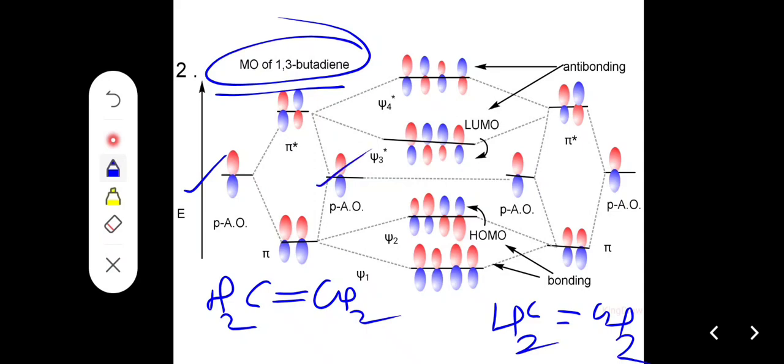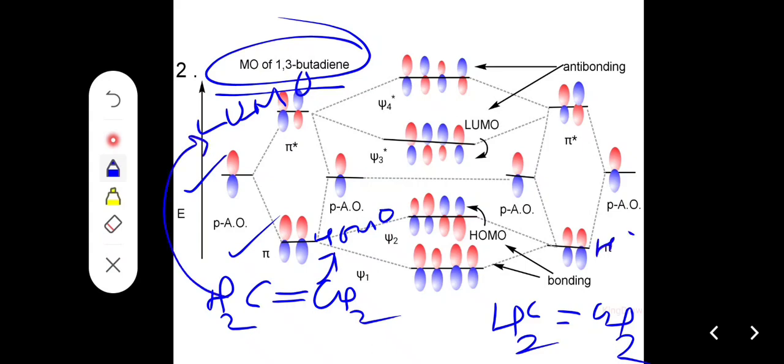That produces pi and pi star, HOMO and LUMO. This is the HOMO of ethylene, and that is the LUMO of ethylene. The same also there, that is the HOMO of ethylene and that is the LUMO of ethylene.